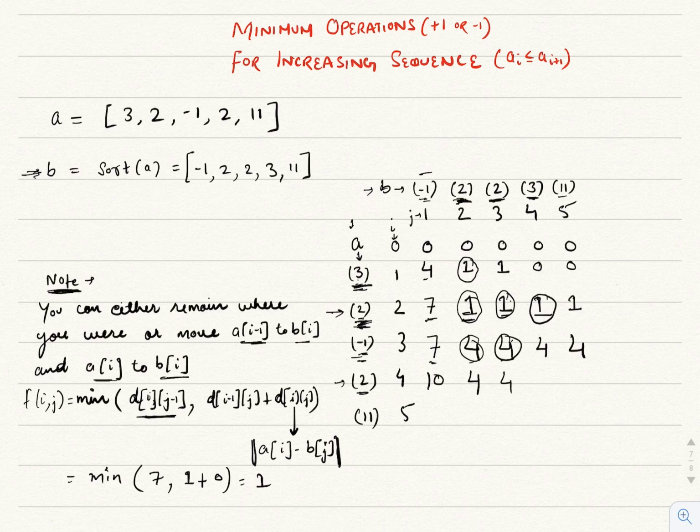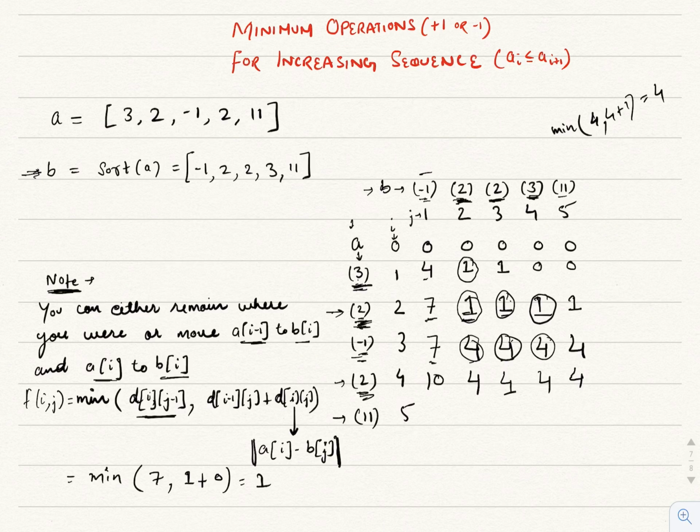Now for the next element, either we're going to remain where we were, which is this one, 4, or we're going to take the previous minimum operation, which is 4, plus the current operation of moving 2 to this 3, which is 1. The minimum is 4. And for the next one as well, we're going to get 4 here.